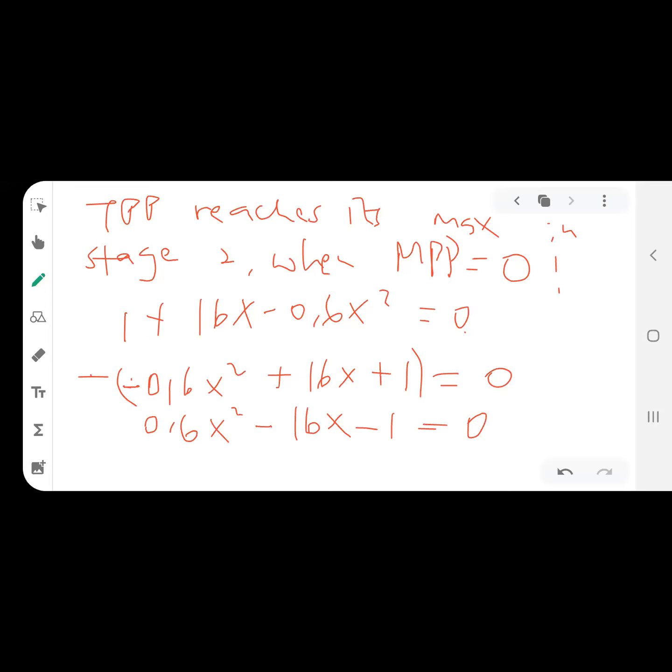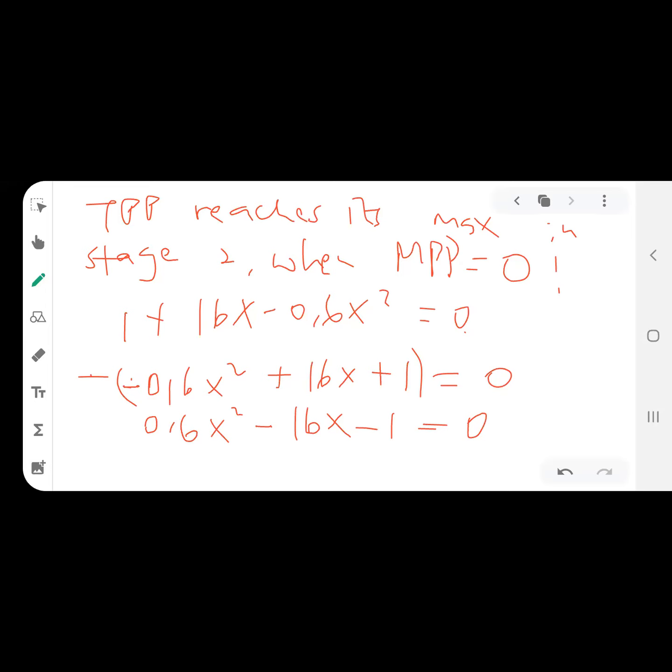So is this a quadratic equation, a cubic function, or a linear function? It's quadratic. Why quadratic? What characterizes a quadratic function? How does it differ? Because of x squared, because of the power 2.